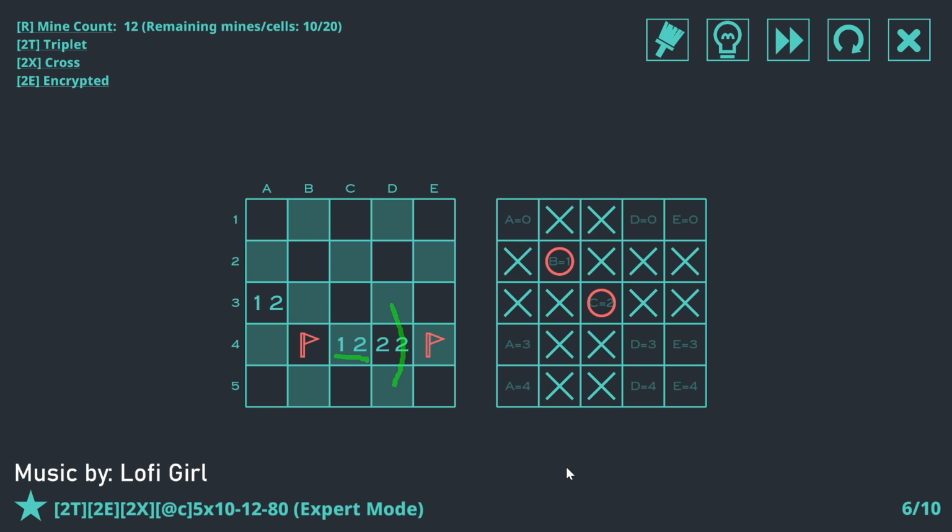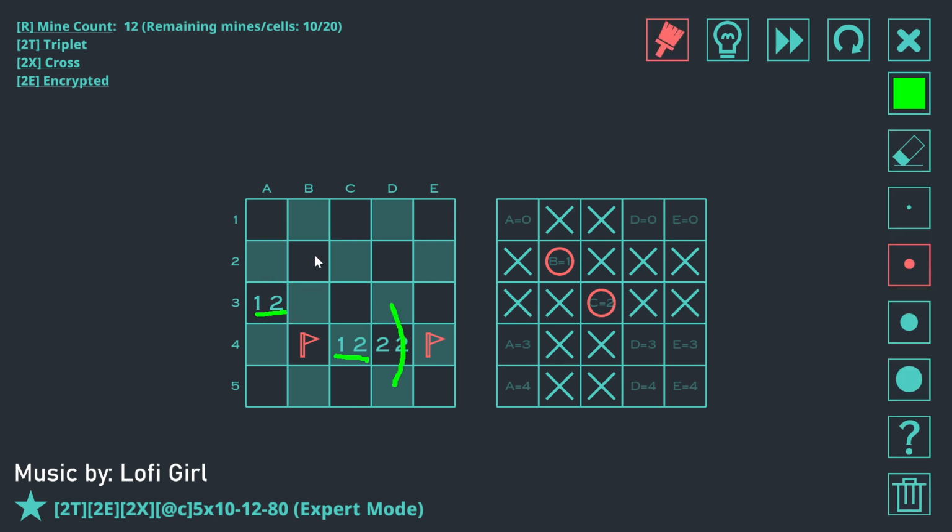Not sure though. This 1, 2. If this were a mine, then this is empty, which means one of these are mines, which is fine. Or you could have this being empty and then I guess some of these being mines. Yeah, that doesn't really help much.